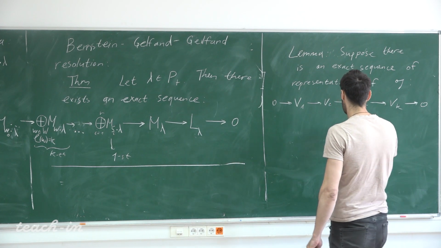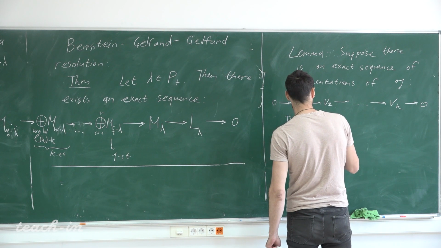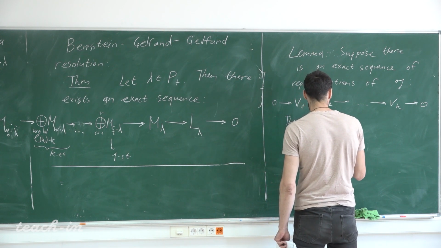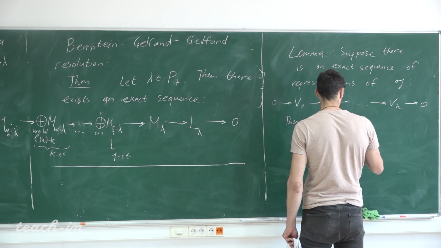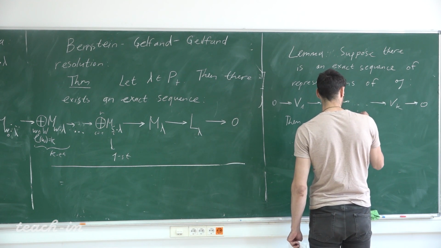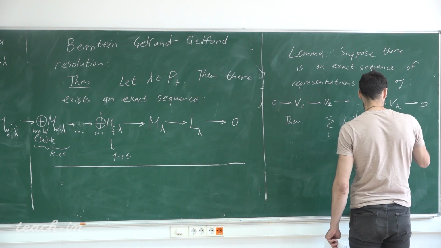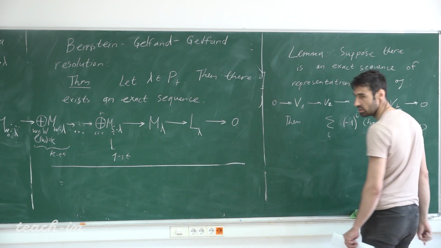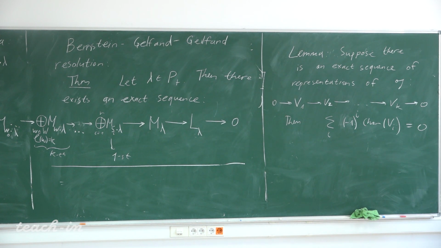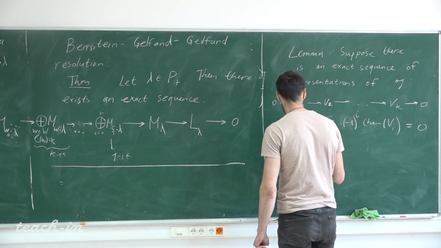Okay, so then the alternating sum over characters, so (-1)^i times the character of Vi, is 0. Okay, let's see briefly why this is true.